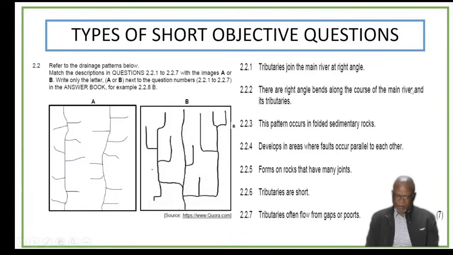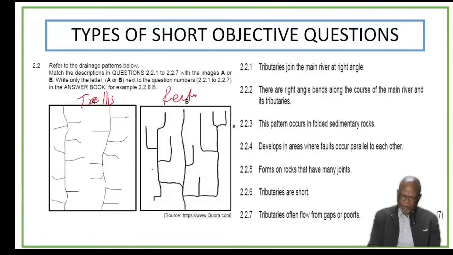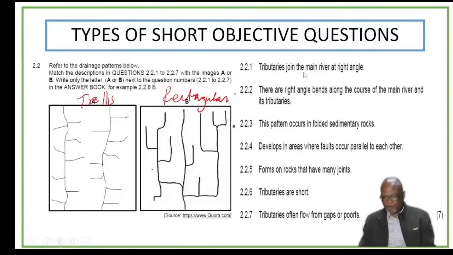When you're naming these, this will be a trellis pattern, and this one will be a rectangular pattern. So the rectangular pattern, tributaries join the main river at right angle. So it's got characteristics of both. With the trellis pattern, the tributaries join at right angle, and also with the rectangular pattern, the tributaries join at right angle. So both A and B will be correct here.